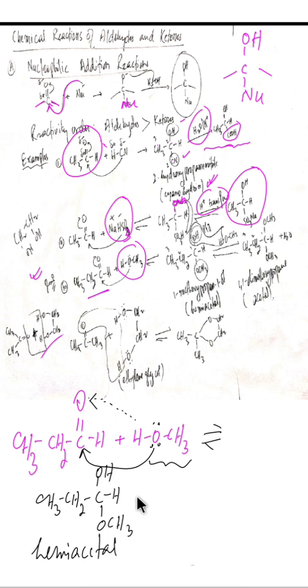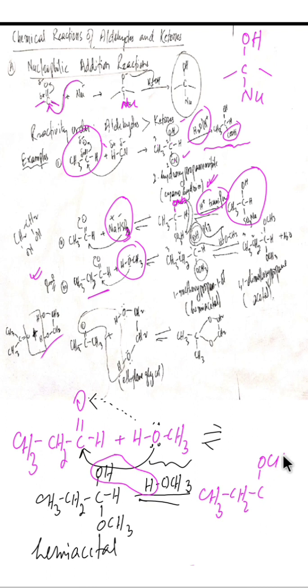Okay, and if it is again reacted with another methanol molecule, then this OH and this hydrogen are eliminated as water, and OCH3 will again be attached to this carbon atom to form this as the product.